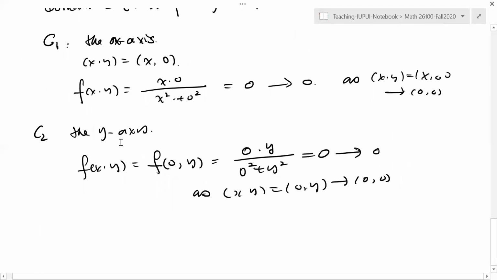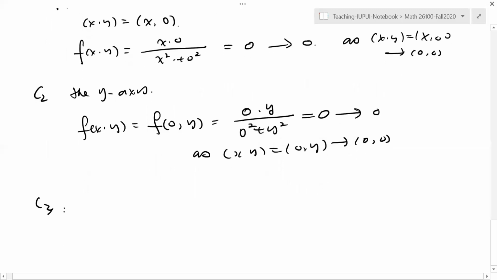I cannot say the limit of the function is 0. So let's consider another path. I choose any other line, not necessarily the x-axis or y-axis.